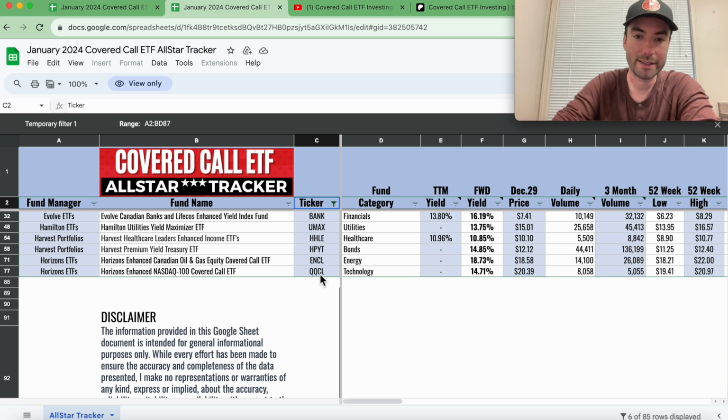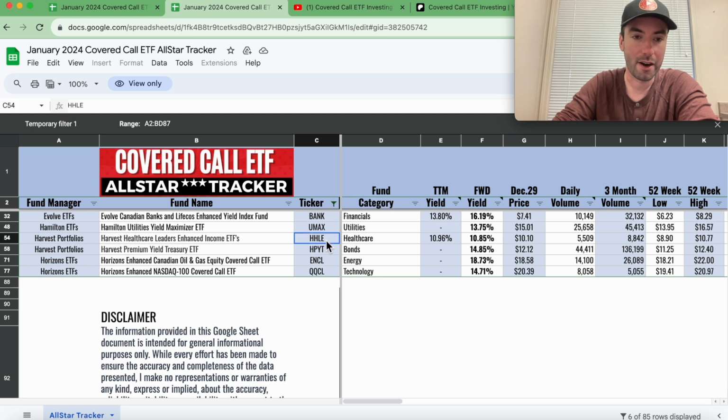So now that we've picked out our 6 funds, we got Bank by Evolve. They're focused on financials, the big 6 Canadian banks. UMAX is focused on, say, railways and communication, pipelines, and again, other utility driven companies.